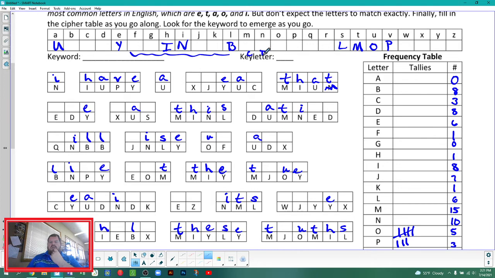So C, D, E, F, G, H, I, J. So I don't have room for I and J. Well, I is already on there. So I'm saying I is in the keyword and N is in the keyword. I know that much. So I doesn't go there. There's one other letter in here that's in the keyword, and I don't really know what it is. But that's what doesn't fit there.